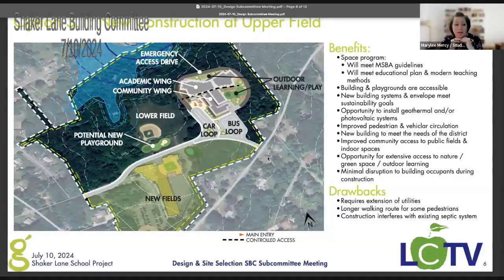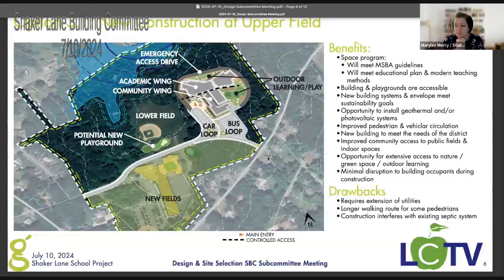We'll do another at the end of PSR, at which point we will have chosen one option to push forward. And then it's not until we get the third cost estimate at the end of schematic design that you have a number that's real enough to set a budget. So this is just the first taste of comparatively how these all are going to cost compared to each other.